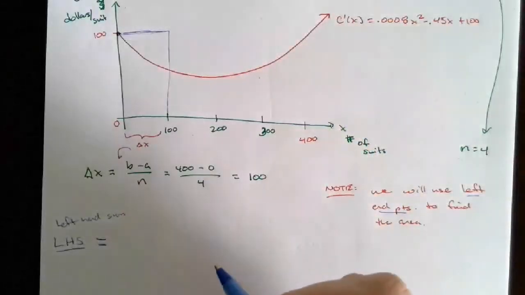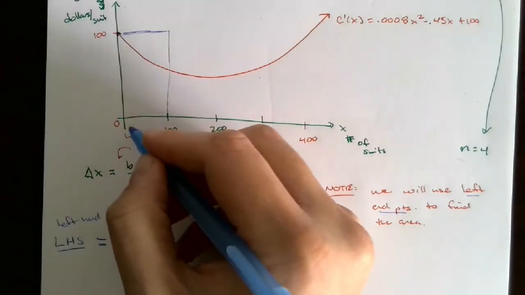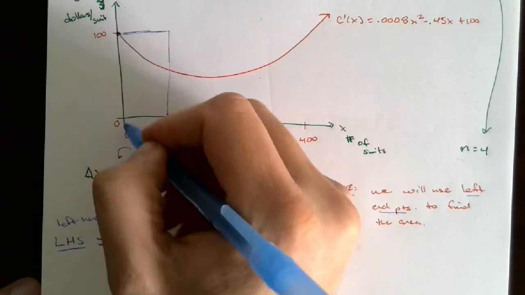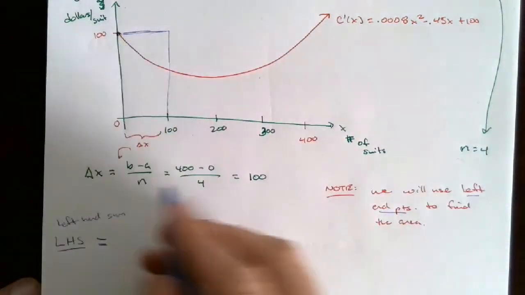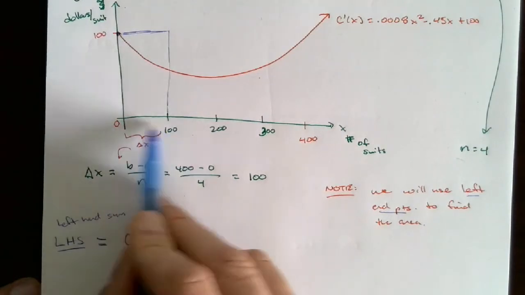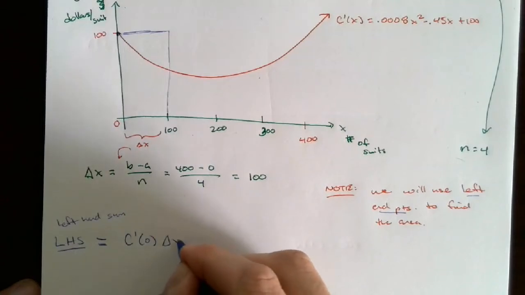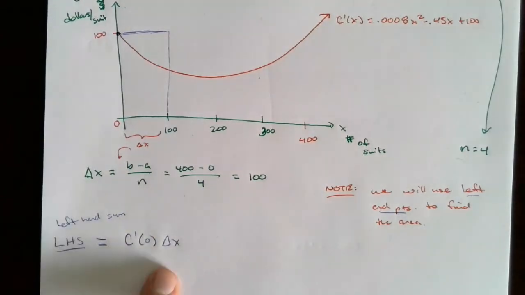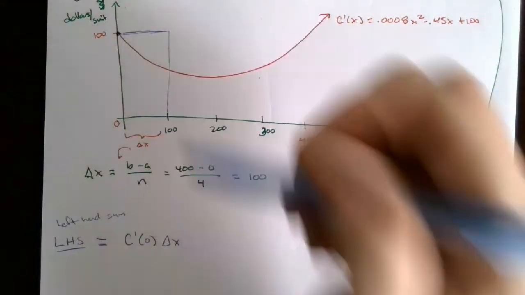I'll write it generally so you can see it. The height of the rectangle is 100, but really it's c prime of 0. To keep it general, this would be c prime of 0 times the width of the rectangle, which we know is delta x, which is 100. For now, I'm just going to write it as c prime of 0 times delta x, so you can see where it's coming from in this shape.